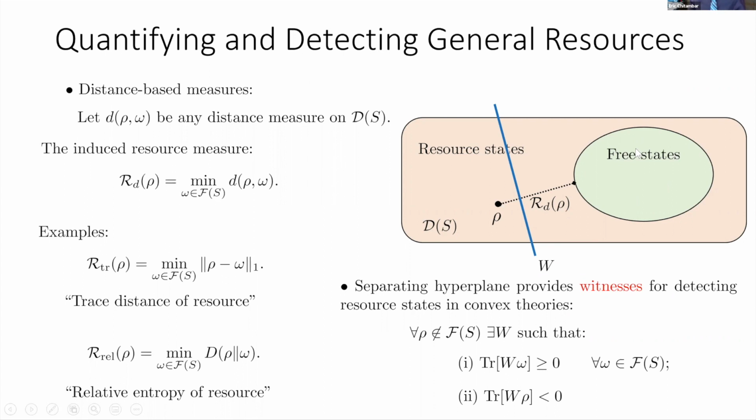Mathematically, this hyperplane is just a Hermitian operator or a quantum observable. If we form the expectation with respect to that observable, so if I look at this Hilbert-Schmidt inner product, meaning I take trace of W rho, this observable has the property that it will be negative for this particular state rho. But if I were to take the same inner product with any free state, I get a positive value. Okay, so this is known as a witness for my resource.